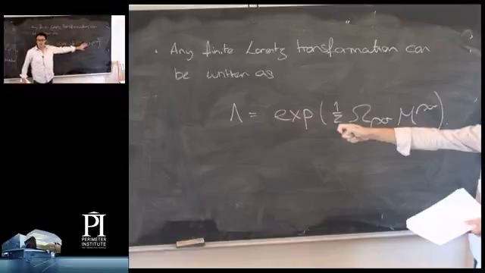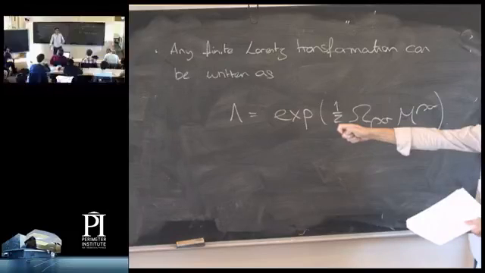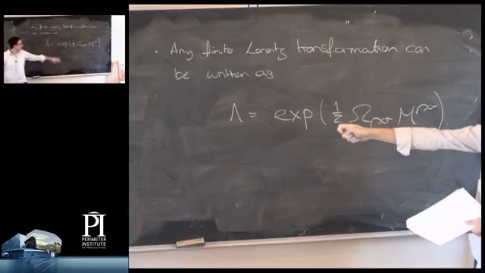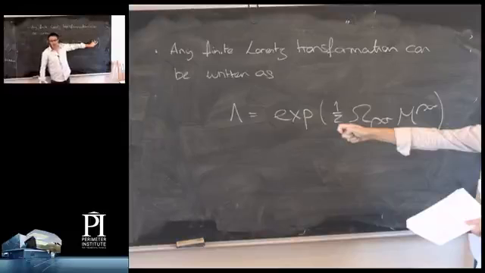For those who haven't seen Lie groups, this may be the tricky thing to understand. But any Lorentz transformation can be written in this form. So again, what are these? These are 6 numbers that tell me exactly what Lorentz transformation I'm doing. They're the numbers that say, I'm rotating by 30 degrees, or I'm running at 100 miles an hour in this direction. And these are the 6 matrices that are implementing that.